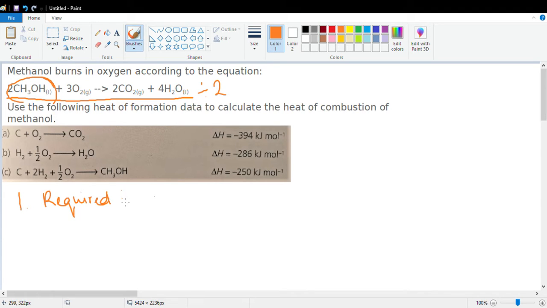So that's going to give us CH3OH plus 1.5 oxygens gives carbon dioxide and 2 waters. And our delta H for that is our question mark. That's what we're trying to find out.